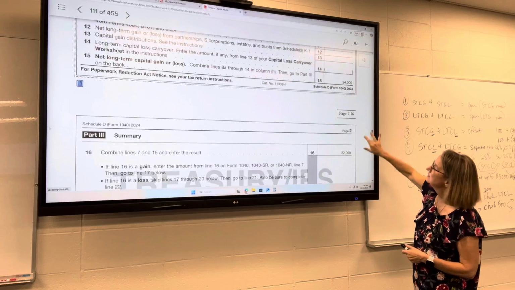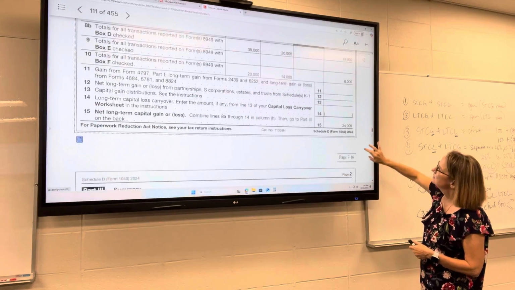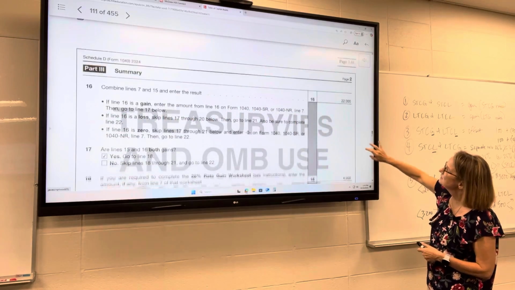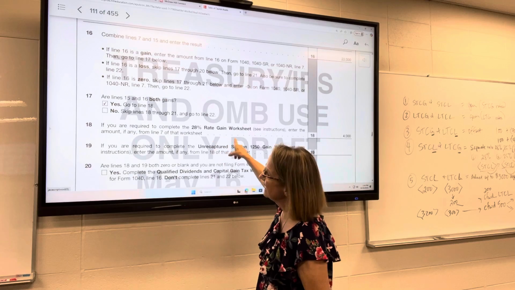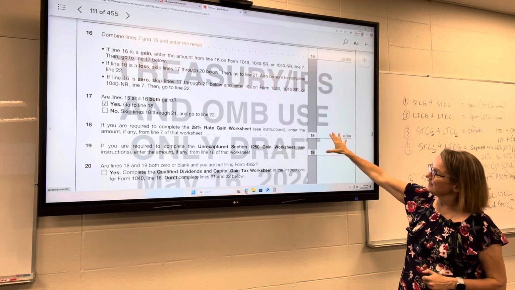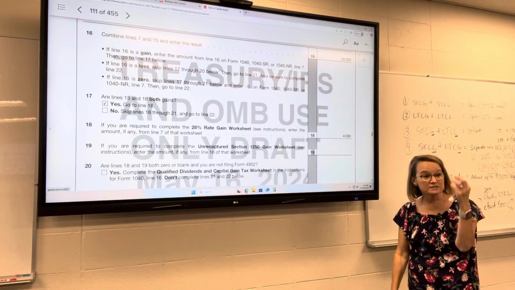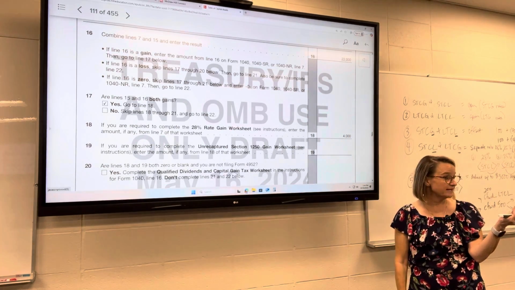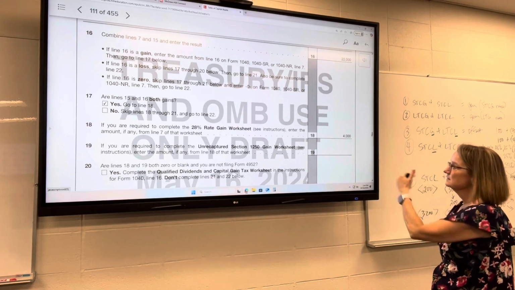So here's our 22,000 because we had a $2,000 loss there, a $24,000 gain there. If you are required to complete the 28% gain worksheet, enter the amount from line 7 of that worksheet. So there's a separate worksheet for 28% gain property. That's the collectibles.